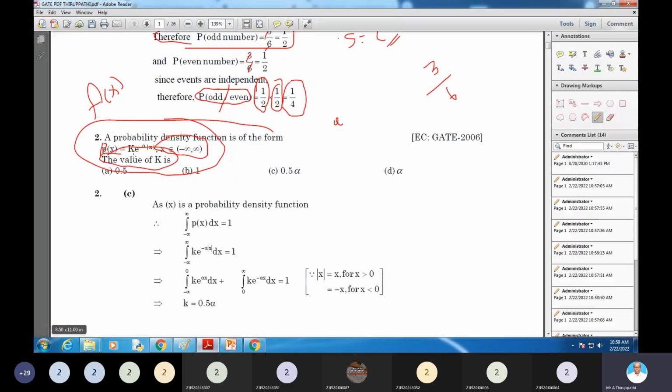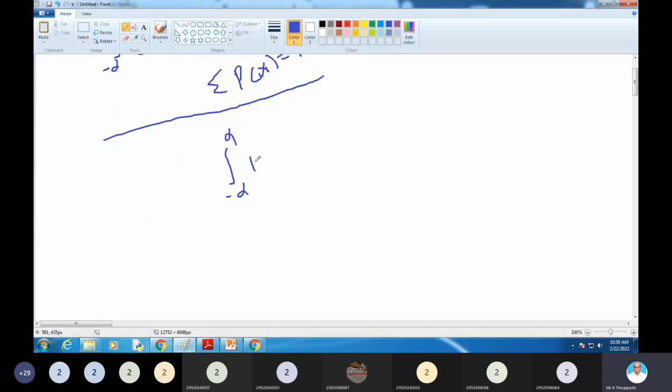Here, f of x is equal to k e to the power minus alpha modulus of x, and the integral of f of x dx is equal to 1.